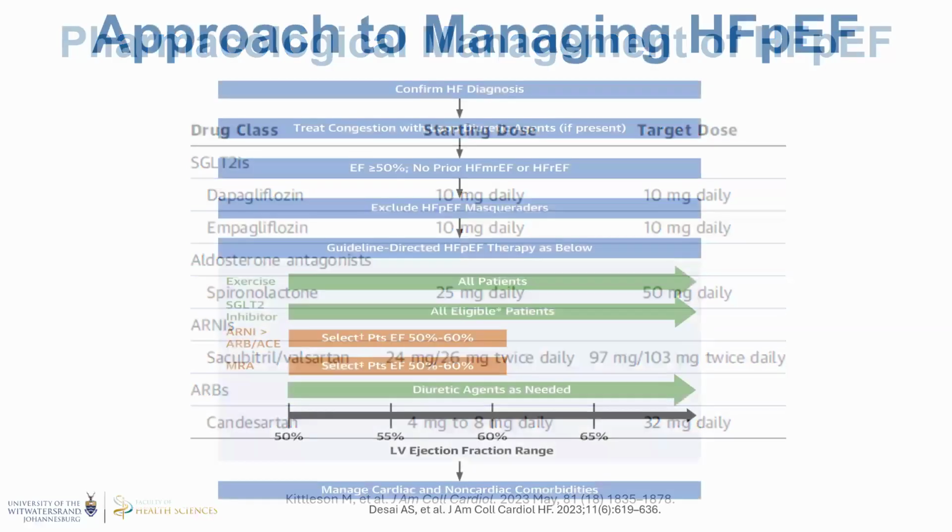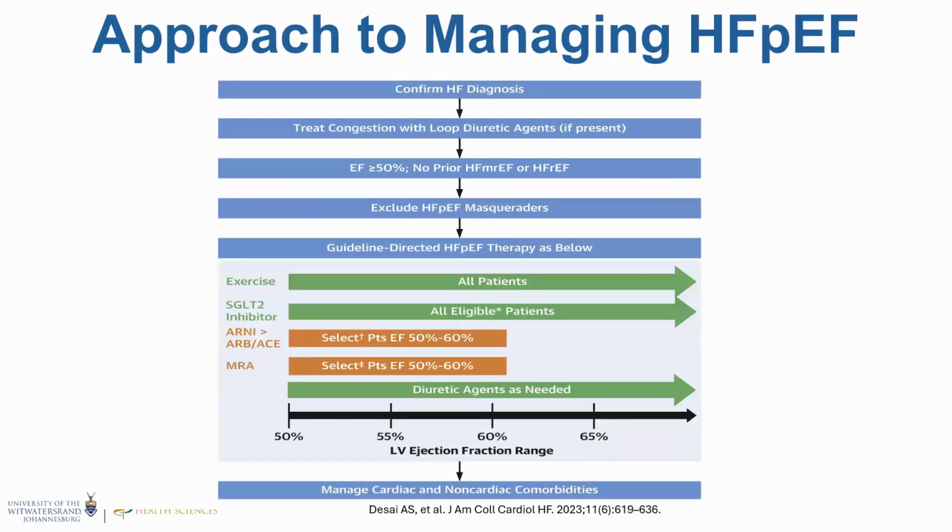So the general approach in managing heart failure with preserved ejection fraction is to confirm your diagnosis, and then you treat congestion with loop diuretics. There is a trial where they were comparing furosemide versus torsemide. There was really no difference in mortality between those two.